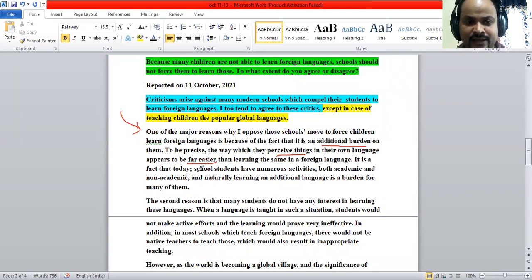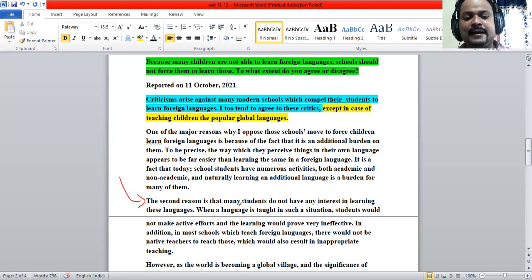It's a fact that today school students have numerous activities, academic activities and non-academic activities. When this comes, it becomes a burden for students to learn a foreign language at schools. As long as they are comfortable with their own language, they should be allowed to do so.